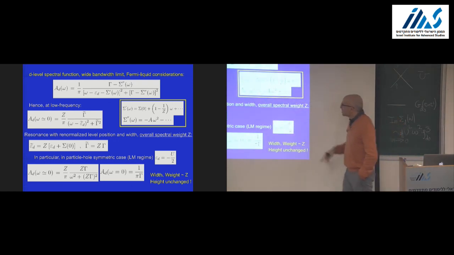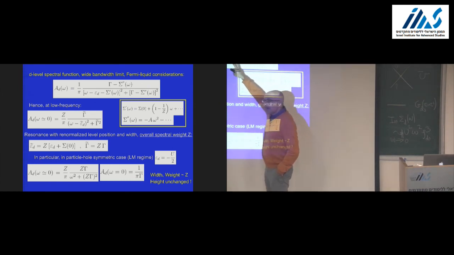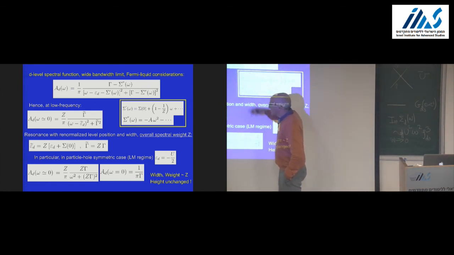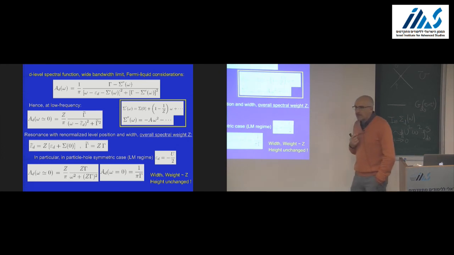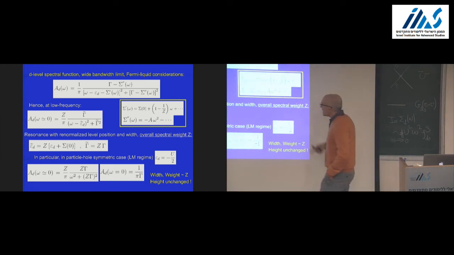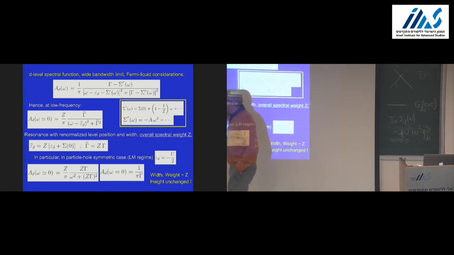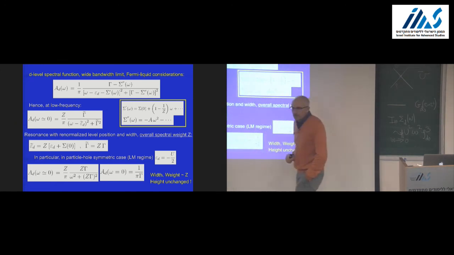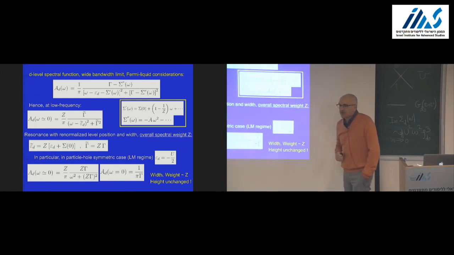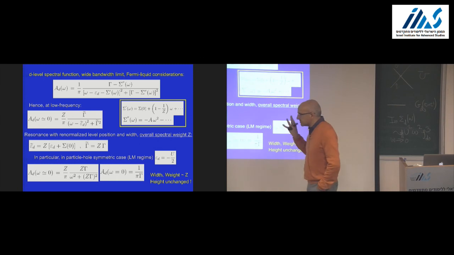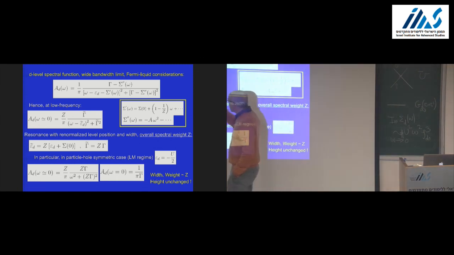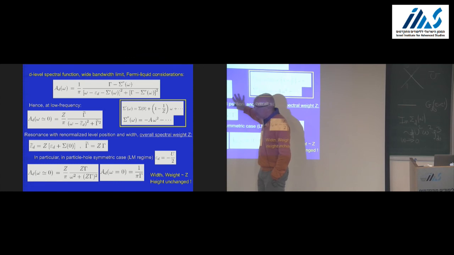Okay? So now let's put this in there and focus around omega equals 0. Just put this in there, do the math, this is what you get. So please observe this expression. It's very rich. It contains 3 important things. So the first thing is that this is a normalized Lorentzian, right? It integrates to 1 if I integrate over omega.